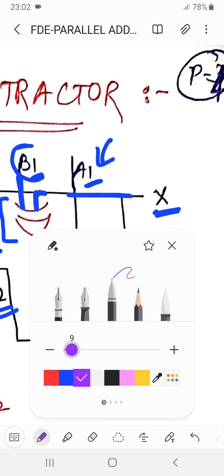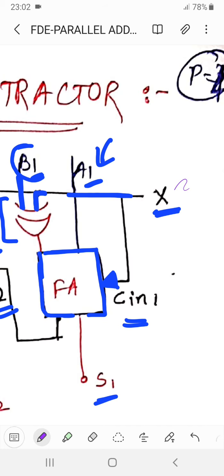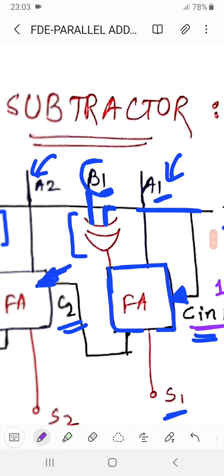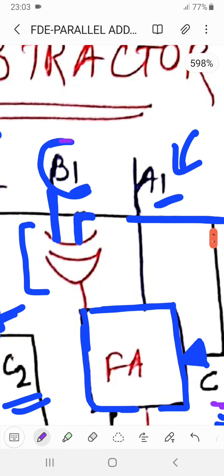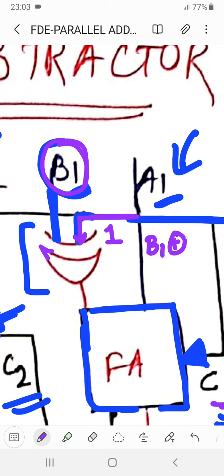For the second condition, see here my X is 1 right now. So my X is 1, so my C in is also 1. So whenever my C in is 1, check here: for this one input, this input is 1, while the second input is B1. So this is the XOR operation between B1 XOR 1.